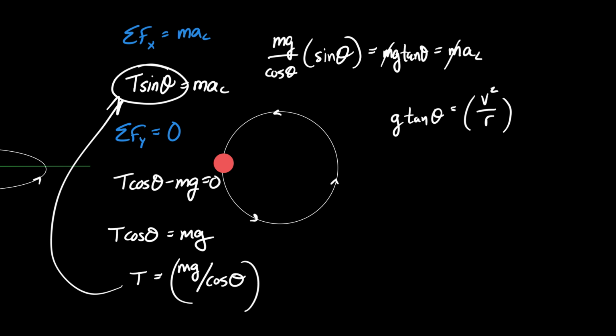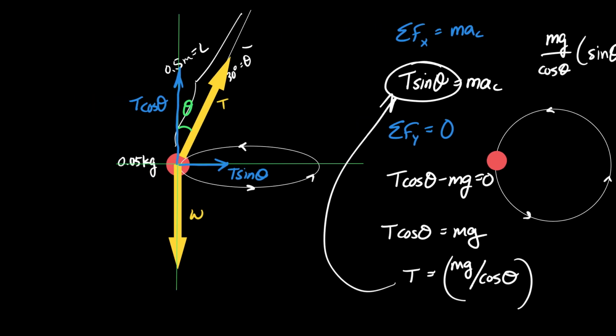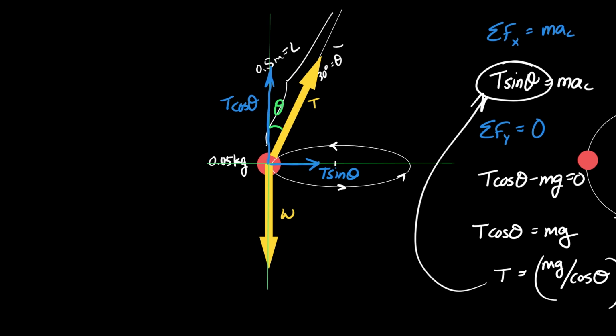So here we go. I'll need r. I'll go back to my picture here. R is the radius from here to here. It is not the length of the string. You guys need to be aware of that. You'll make that mistake. You do it all the time. But it is not the length of the string. I mean, I see that it's probably related to the length of the string because I also see that there's some triangle in all of this.